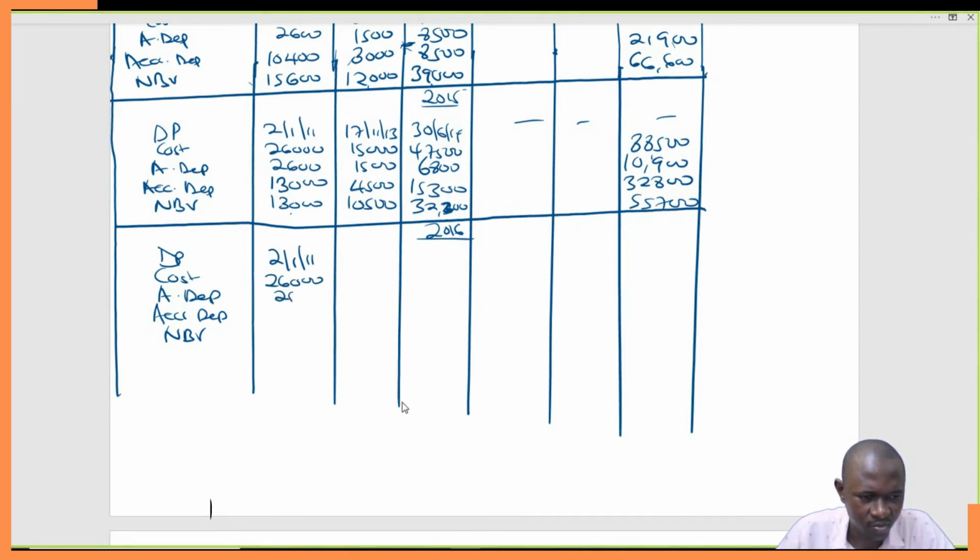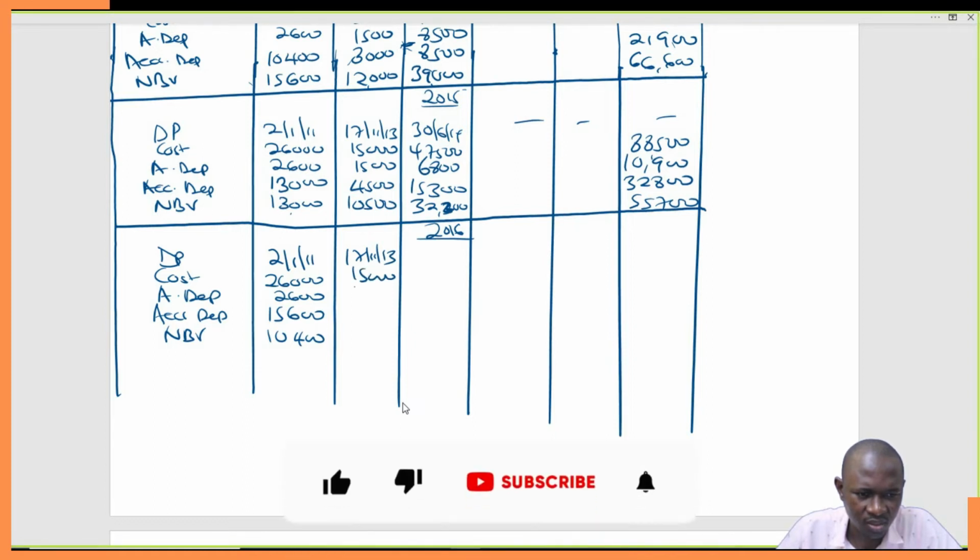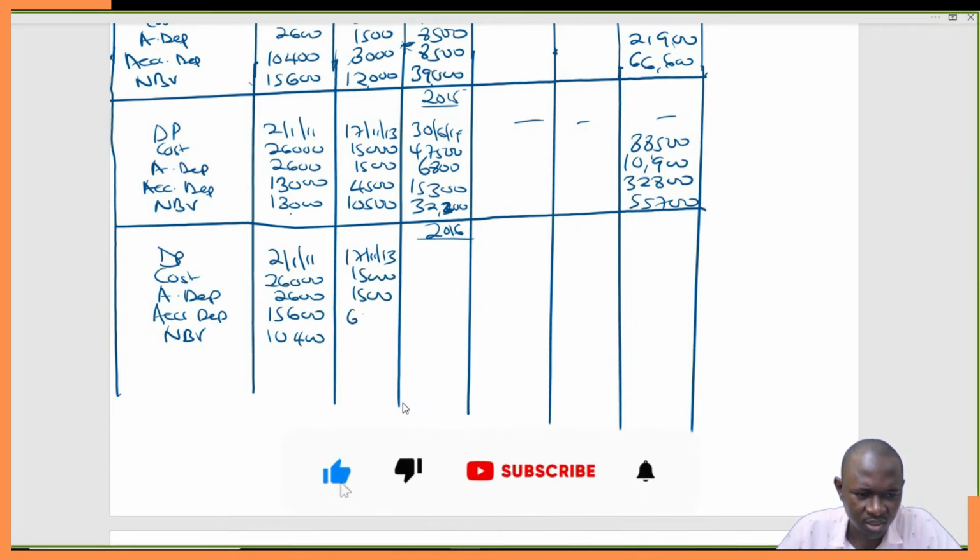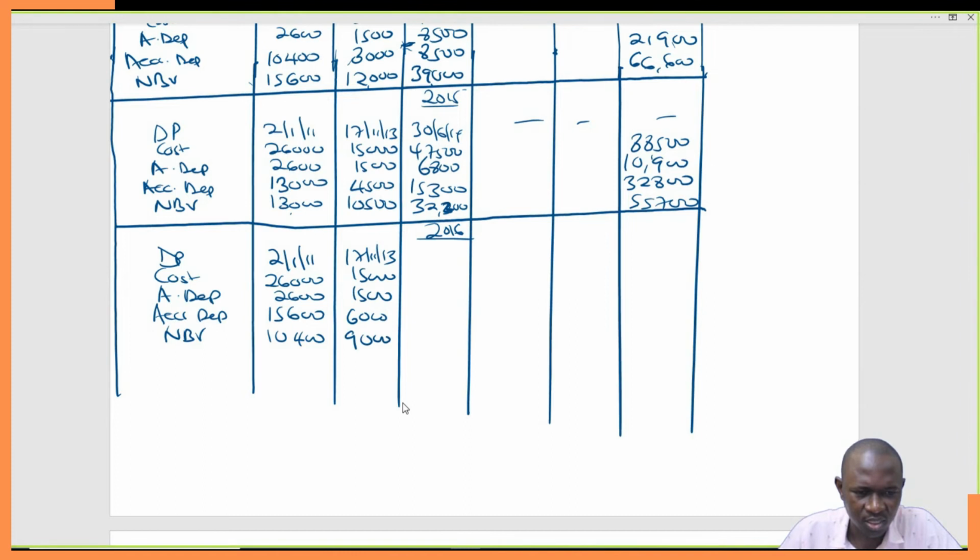26,000, depreciation is 26. Annual accumulated depreciation will be 26 plus 13,000, which is 15,600. Then that will give us 10,200. Then this other side will have 17, 11, 13, 15,000. Then 1,500, then 6,000, this plus that, and then 15 minus 6, we have 9,000, like that.